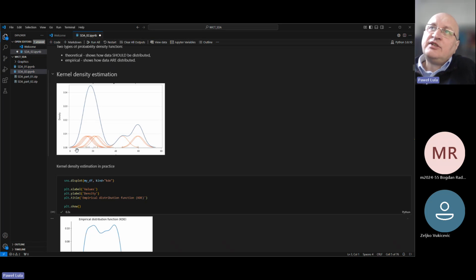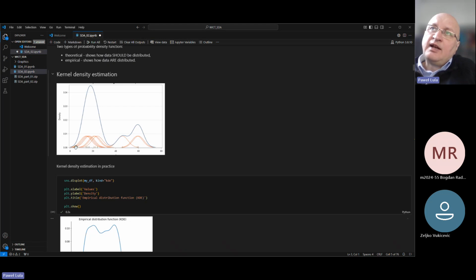And after it, having these orange curves, for every point which we have here on the x-axis, we should add all values which we have under this point.